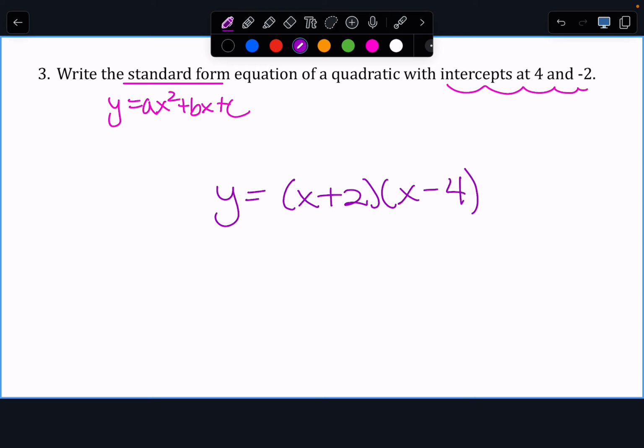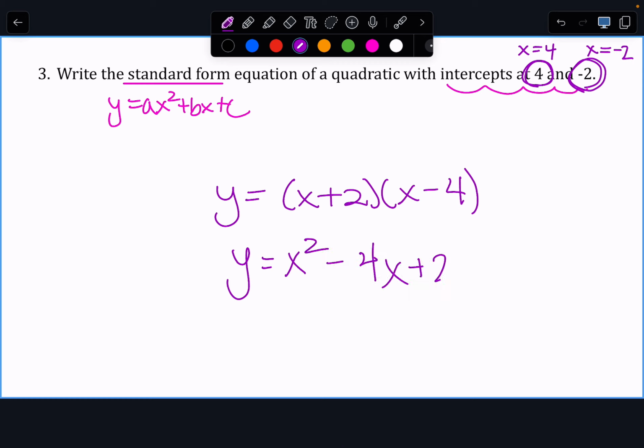Okay, if these are our intercepts, x equals 4 and x equals -2, those are our zeros, which means they came from a factor x minus 4, a factor x plus 2. What do you think we got to do with them now? We got FOIL. So we have x squared minus 4x plus 2x minus 8.